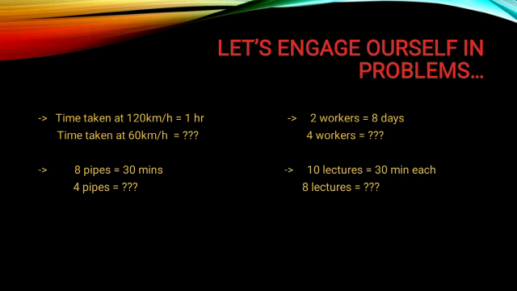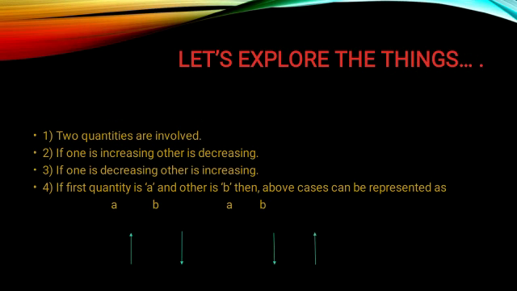So this time each lecture will be more than 30 minutes. So what we are getting over here: if one is decreasing, the other one is increasing. Let's come to the next slide, that is, let's explore the things.